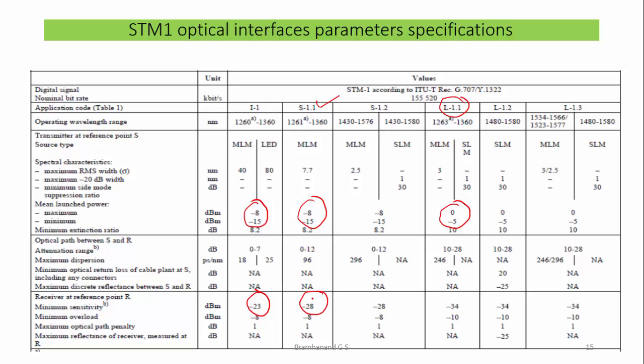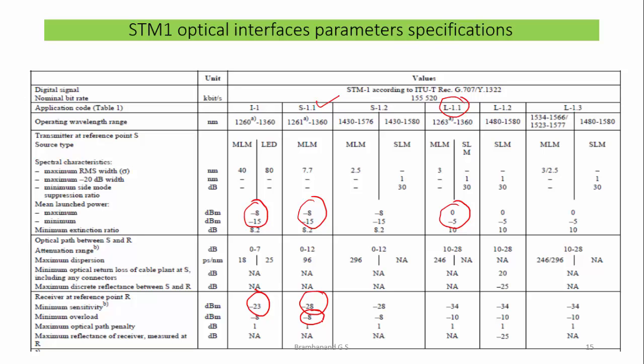Whatever diodes we use at the receiver, they have to abide by the standard mentioned in G957, which indicates that if it is used for short haul with STM1 at 1310 nanometer, then its receiver sensitivity should be minus 28 dBm and overload is minus 8 dBm.